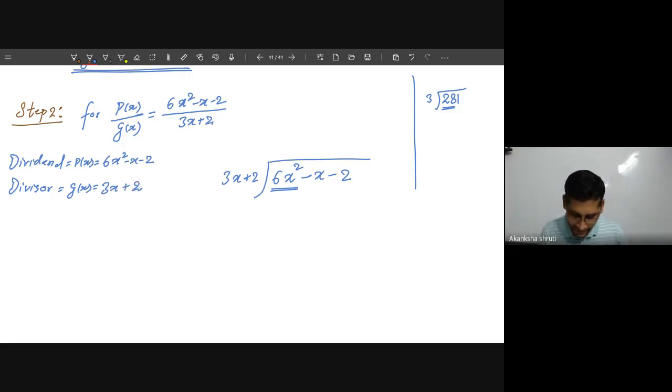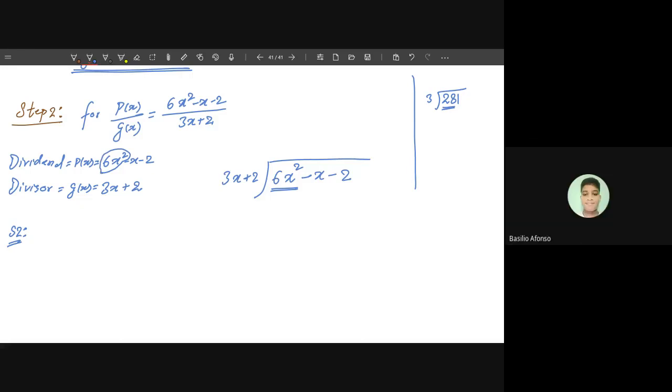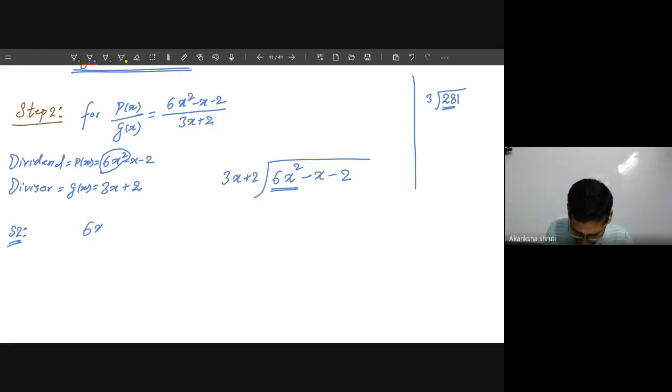Student, now this step, step 2, is very important. Understand it very clearly. You have to take the first term of the dividend. What is the first term of this dividend? It is 6x square. Write it separately, not below the symbol of division, but on one side of the paper or in the rough area.